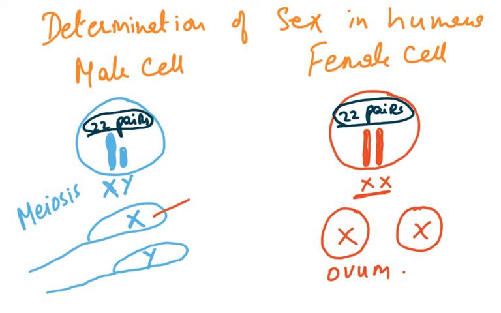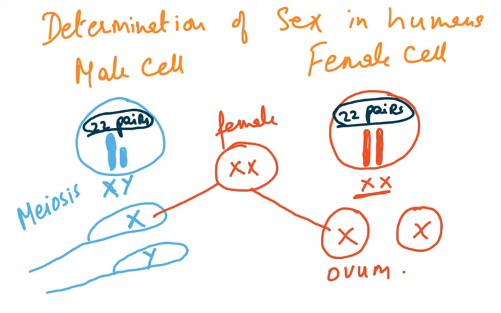Now, if an X sperm fertilizes the X ovum, we get XX in the zygote, which will develop into a female child. But if the Y sperm fertilizes it and we get XY in the zygote, this will develop into a male child.